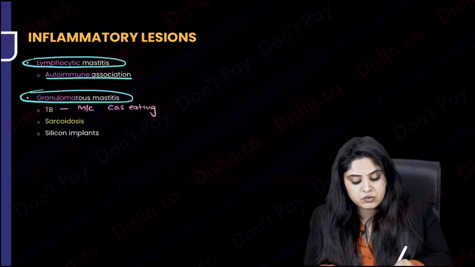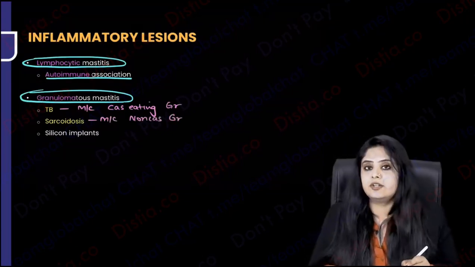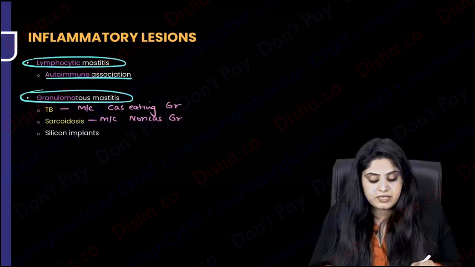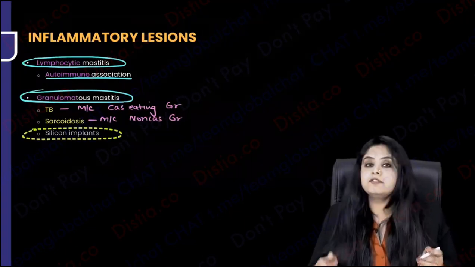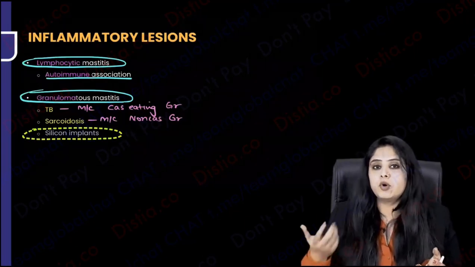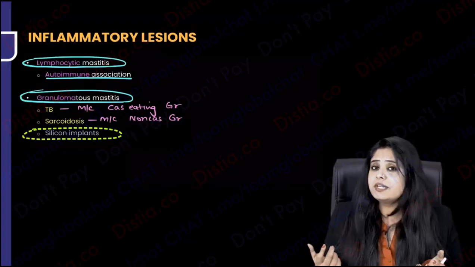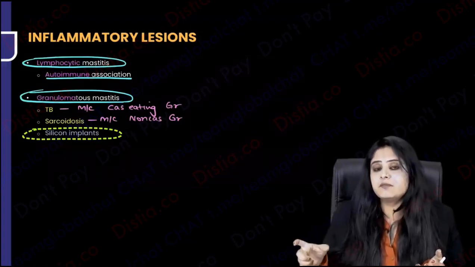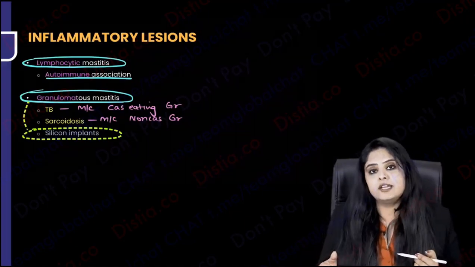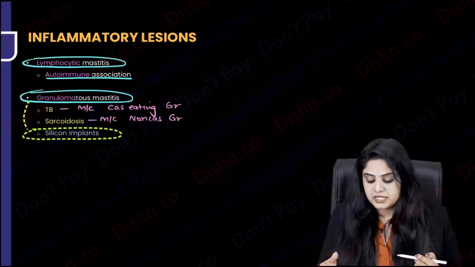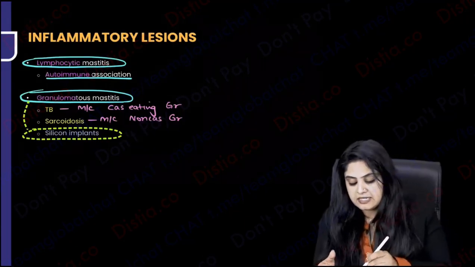TB most commonly shows a caseating granuloma, and sarcoidosis most commonly shows a non-caseating granuloma, right? The third one is silicone implants. Please remember, silicone implant is a foreign body. So can the patient's body respond to it, react to it if a foreign body is kept inside someone? Yes, so there can be a reaction, and that reaction could be in the form of a granulomatous mastitis. So these also seem to be done for us.